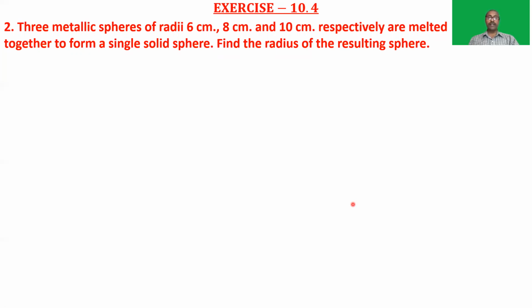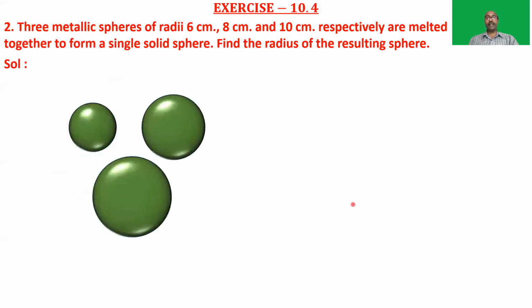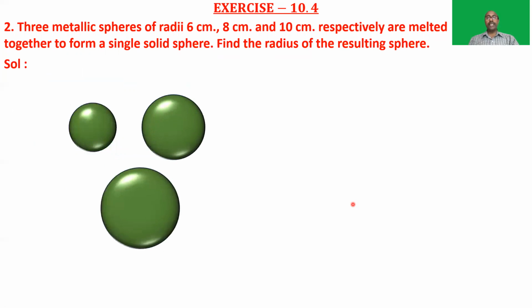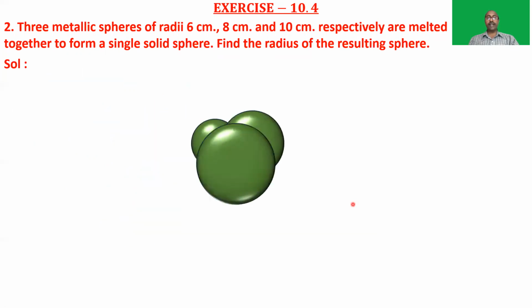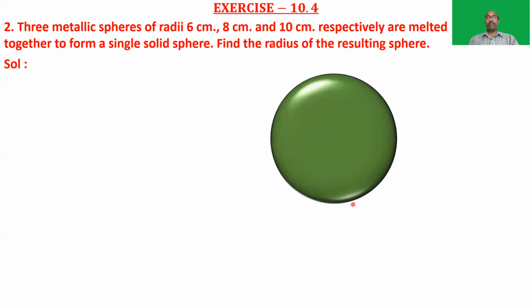Okay, students. So let's solve this problem. There are 3 metallic spheres of radius 6 cm, radius 8 cm and radius 10 cm. And these 3 spheres are melted together to form a single solid sphere like this. Now we have to find the radius of this large sphere.